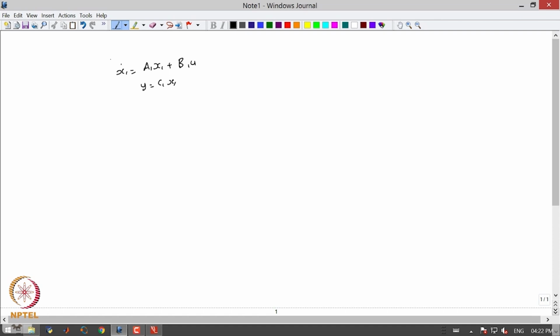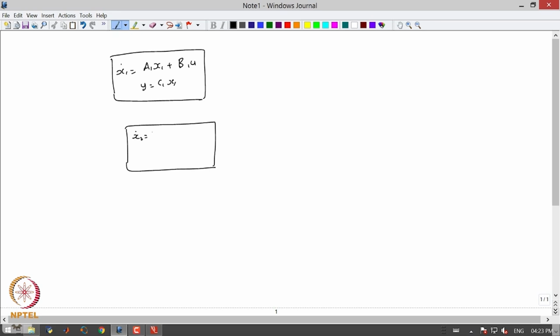Okay, this is one system, and then there is another system here, which is x2 dot is A2 x2 plus B2 u, and the output here is C2 x2. Okay, I will call this y1, I will call this y2. Both systems are driven by the same input u.